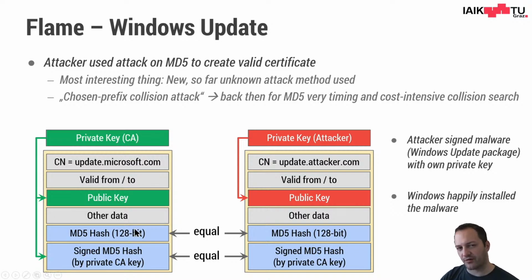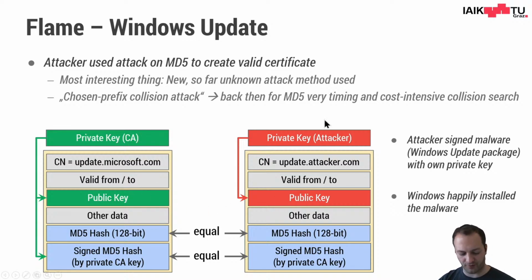So the attacker has only changed the public key, while the signature and the hash value actually remained the same, and this is why the hosts actually trusted this update package. And this is how they spread the malware to other computers. So overall, as a result, the hosts are presented with a cryptographically valid certificate.